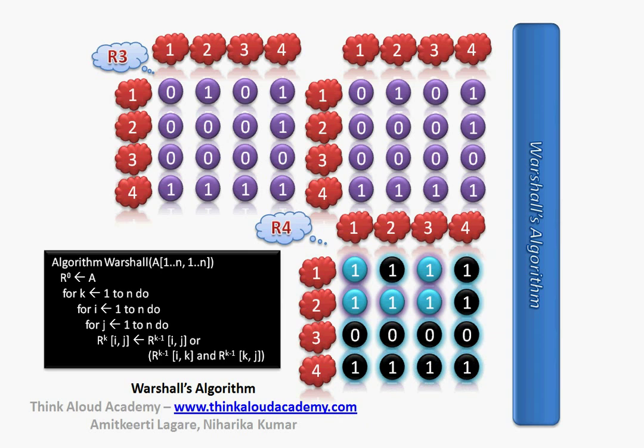So what I do is, R4's 1 3 is nothing but R3's 1 4, and it with 4 3. So 1 4 and 4 3 are both 1, so this becomes a 1. And R4's 1 4 is same as R3's 1 4 because there is already a 1. So this becomes a 1.